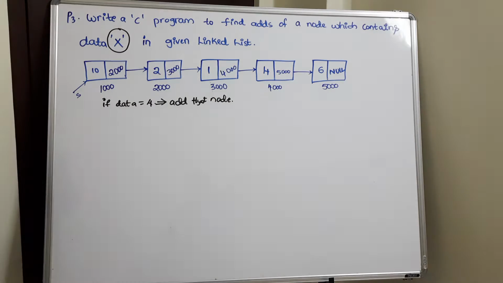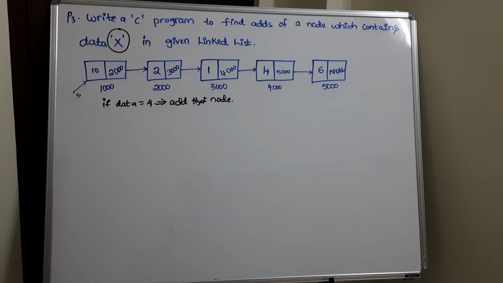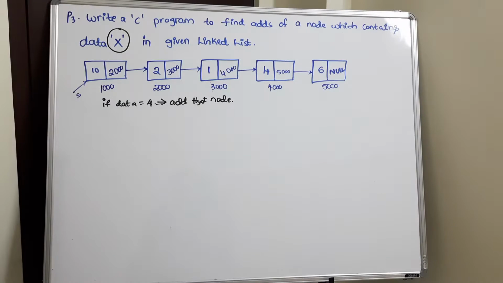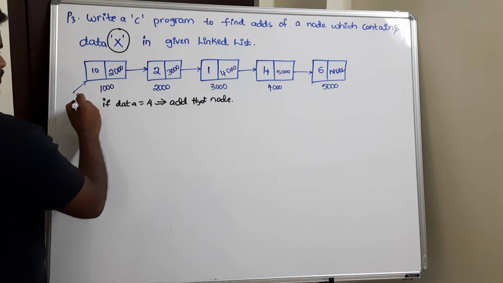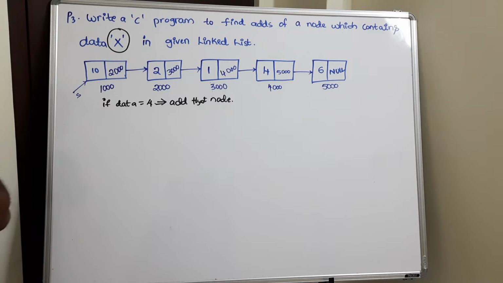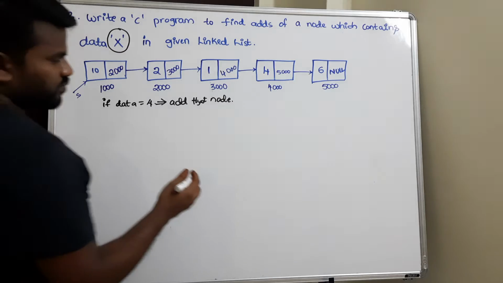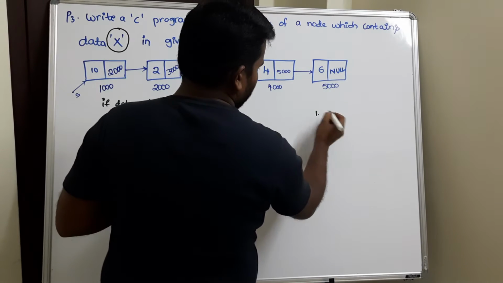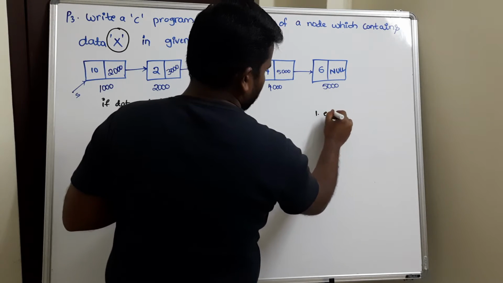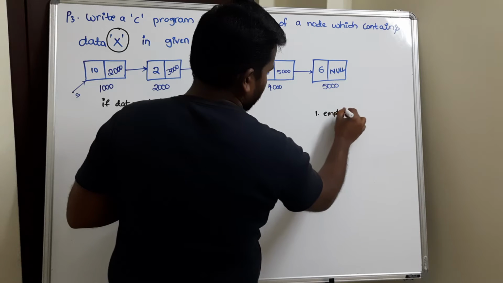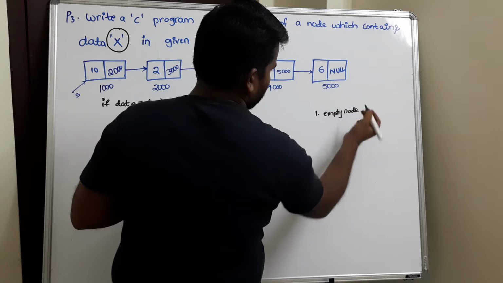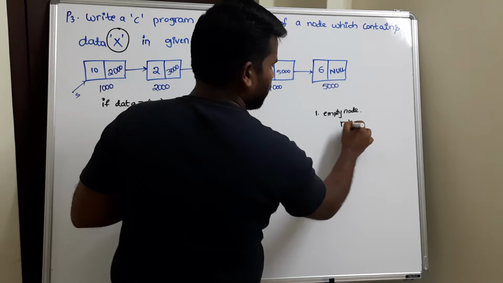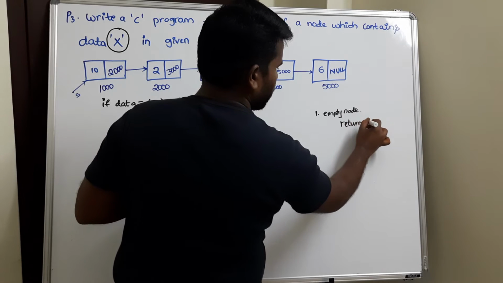Okay, for that what we need to do, we need to start from here. You know the base cases: if it is an empty node, then you need to return null.